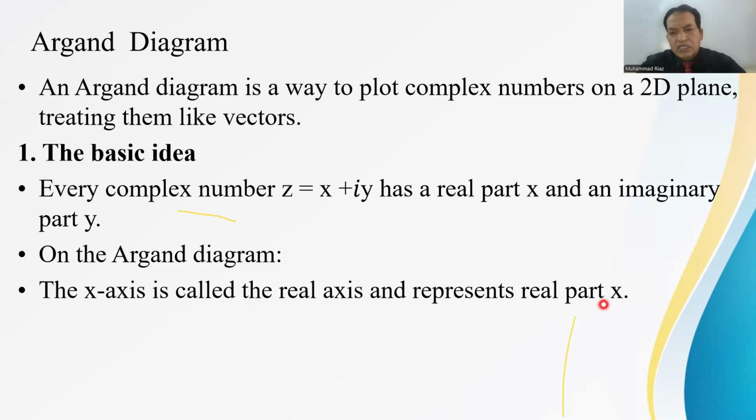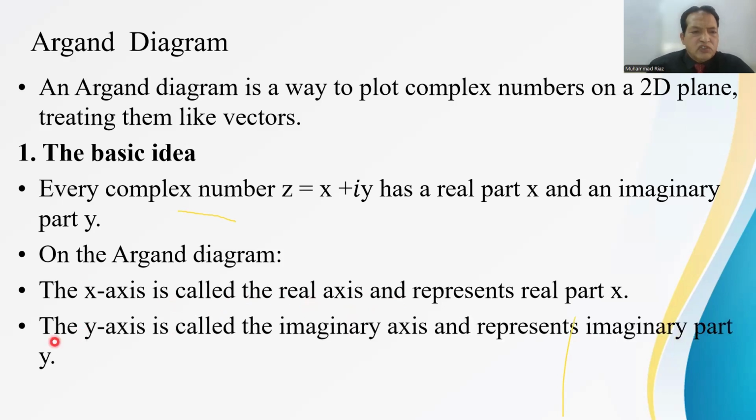Before this, in the 9th class physics, you used reference axes on graph paper, the xy graph paper in the previous classes. The x-axis, as you know, is the horizontal axis, or another name, abscissa. But in the complex plane, you will call the x-axis the real axis.